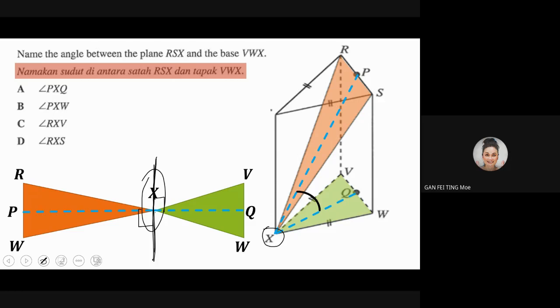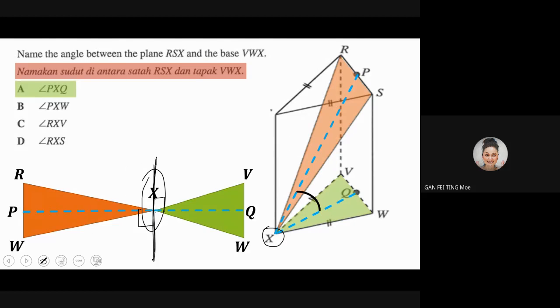So what's your answer? Choose which one is your answer. See whether you choose correctly or not. Which one is your answer? A, yes, very good, Huixing. You got it. This question is a bit tricky.